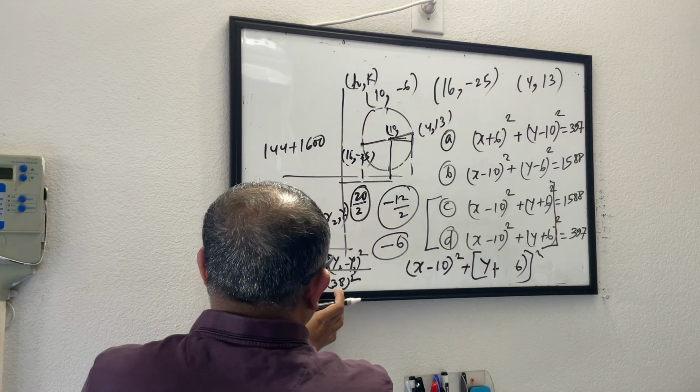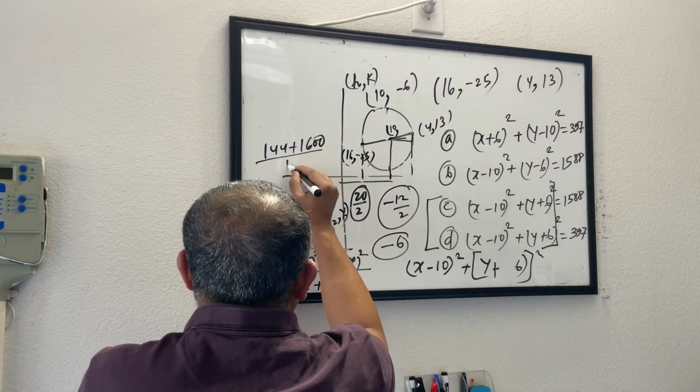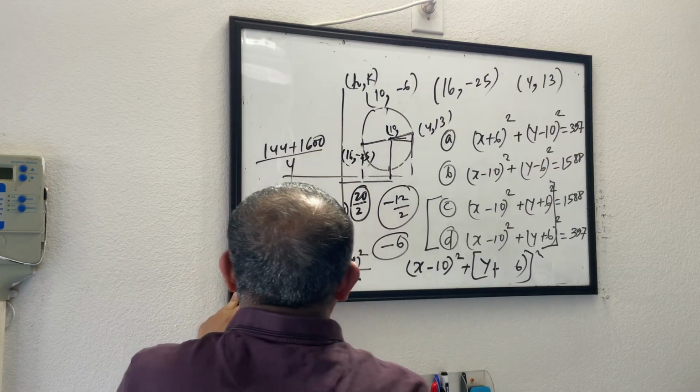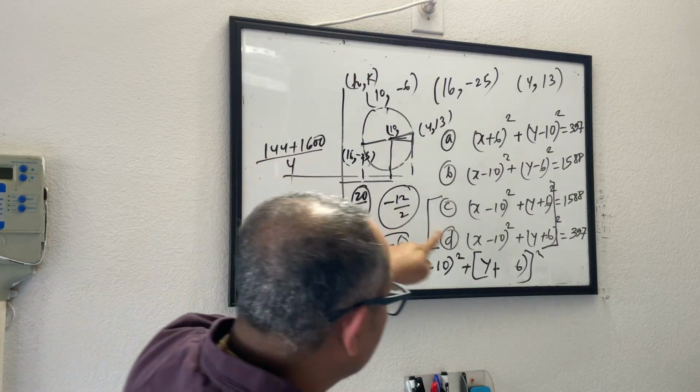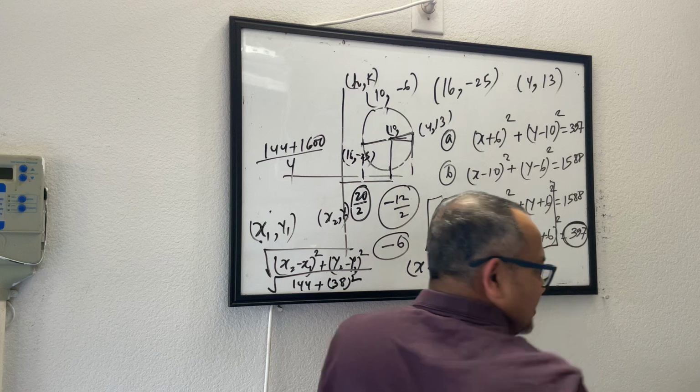This is the diameter square, and if you divide that by 4, that will be the radius square. So 1700 by 4, somewhere around this.